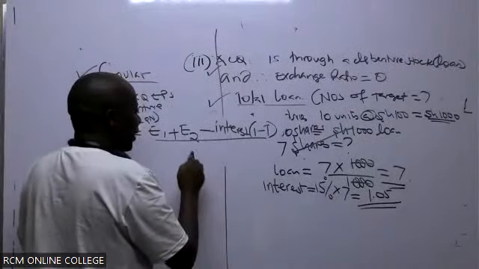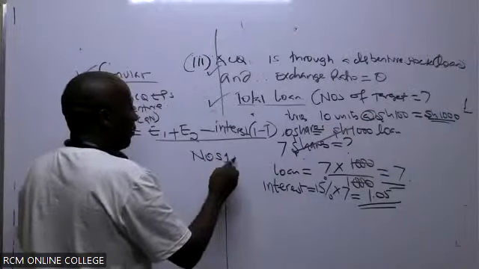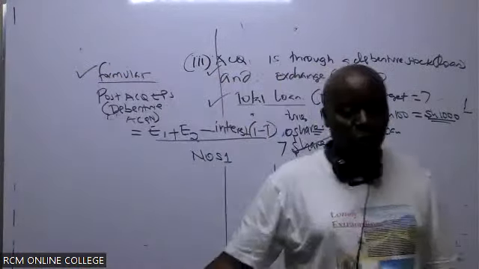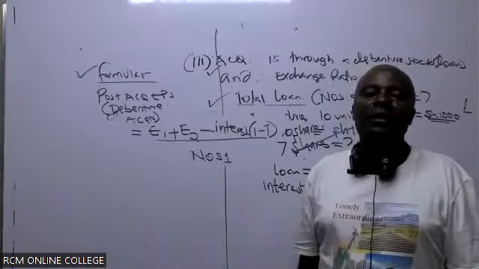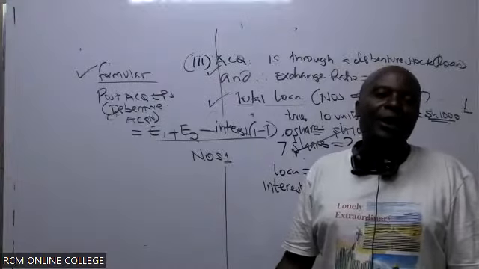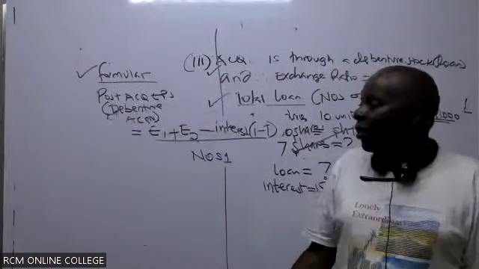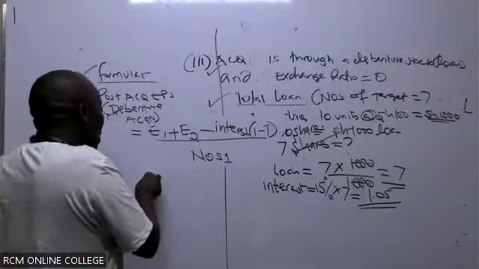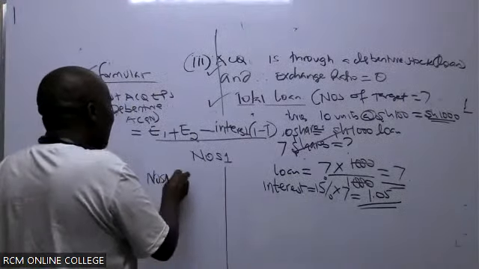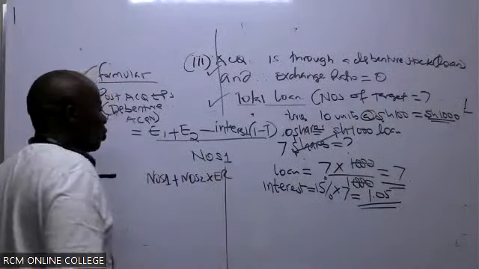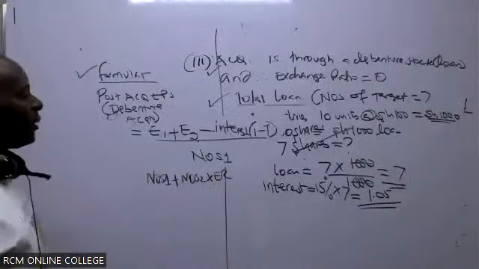Everything to be divided by N1. Why are we not bringing N2 here? Because the exchange ratio is 0. At the end of the day, the denominator should be N1 plus N2 times exchange ratio.